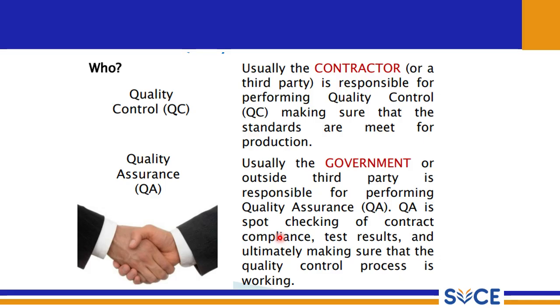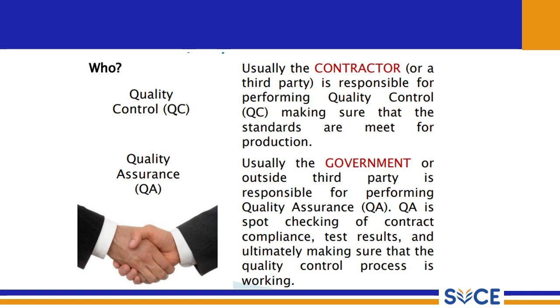So basically, we need to know two things: what is quality control and what is quality assurance. Quality control means making sure that standards are met for the production, that is, established characteristics. So whether the project satisfies the standards.